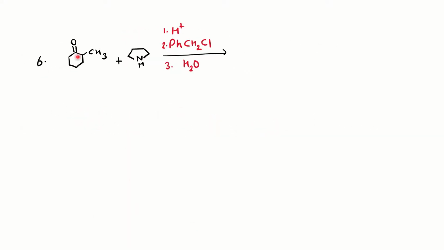Okay, some more. Here you can notice we have an asymmetrical ketone. At one alpha position, a methyl substitution is there. In this condition, again you have a secondary amine, you have acid, you have an alkylating agent, hydrolysis conditions are given. So two possibilities are there to form the enamine.